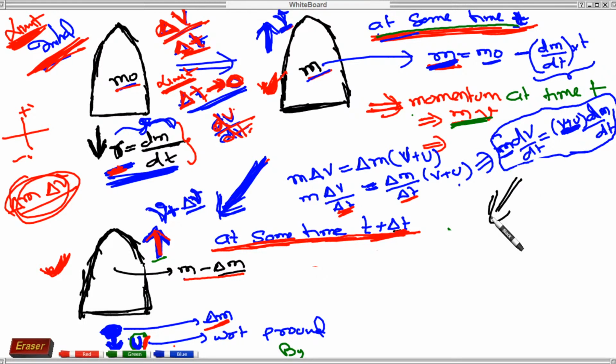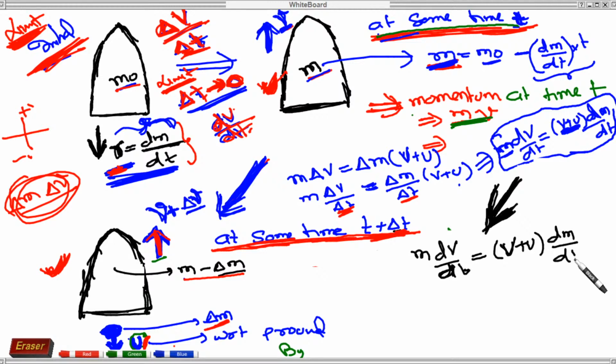First see this thing. What came out from here? This is m dv over dt is equal to v plus u dm over dt.